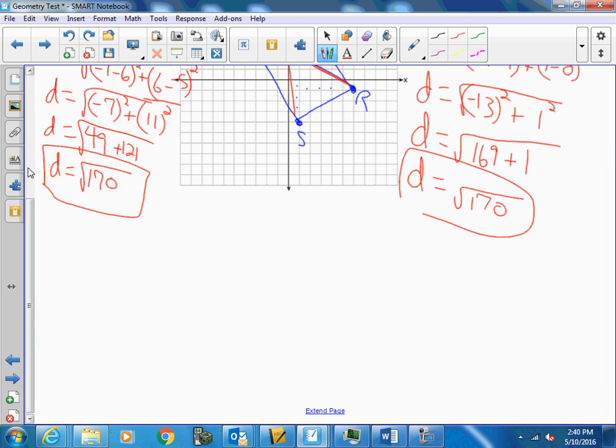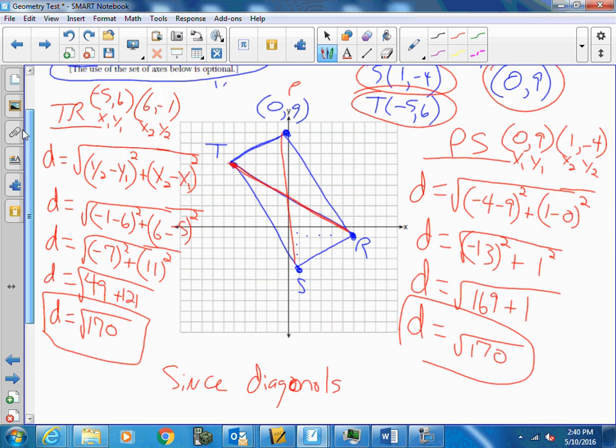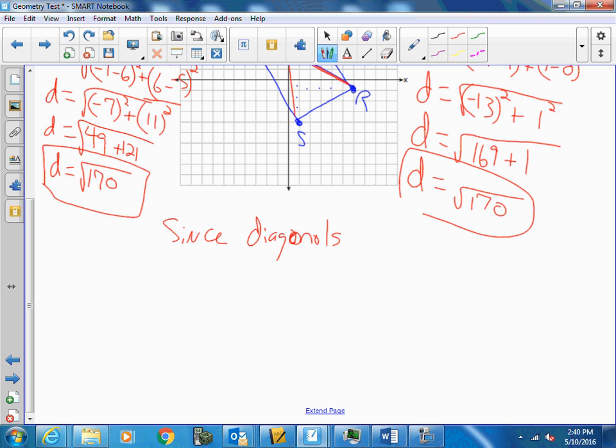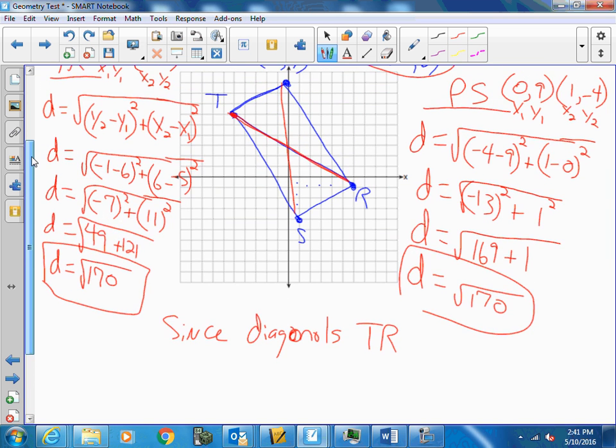So we can now write, since diagonals, let's see, there are a lot of ways to write this. Just make sure you convey the message you're trying to get across. Don't make a simple mistake now and lose a point.